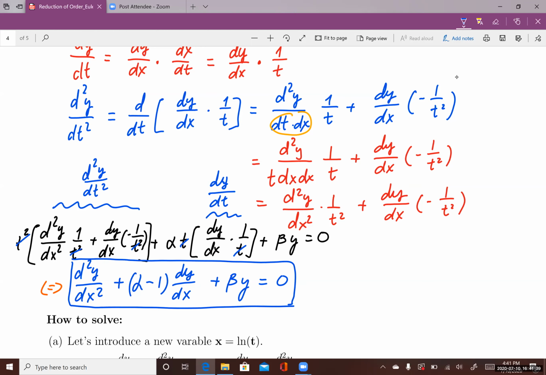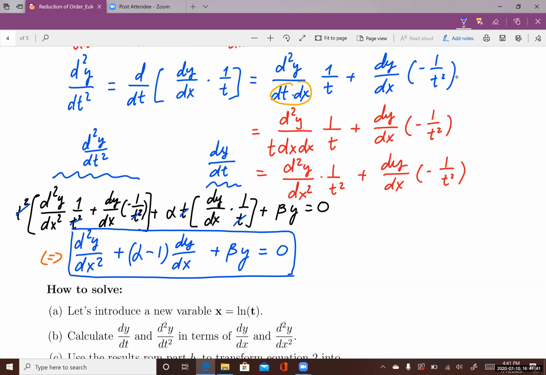Now I have a new equation, still a second order differential equation, a function of y but in terms of x. And my equation now has only constant coefficients. These are constants, since alpha and beta are constants.